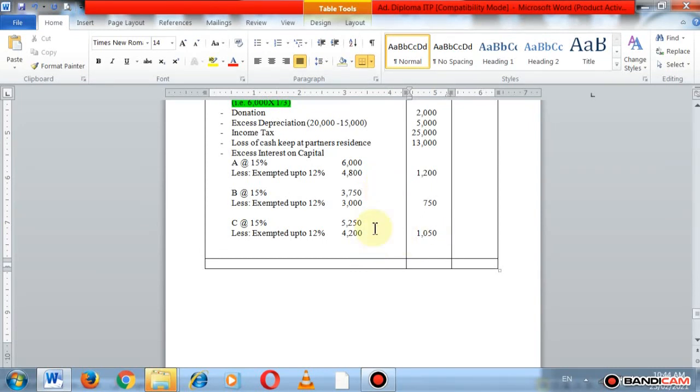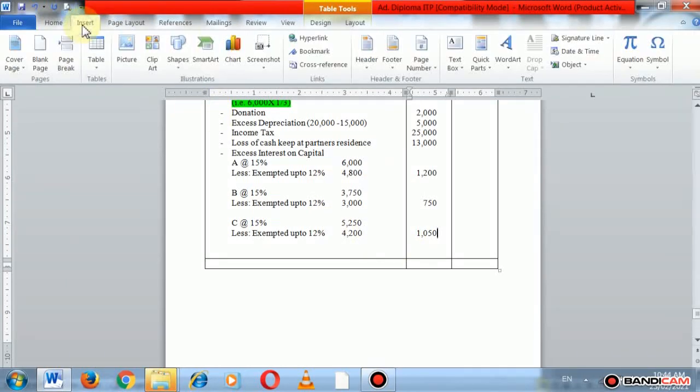Interest on capital is given at the rate of 15% to each partner and the amount is given. Interest on capital is exempted up to 12%. So we deduct the 12% from 15% and the remaining 3% is taxable. Okay, got it? So make the total. We transfer all the disallowed expenditure in our format.